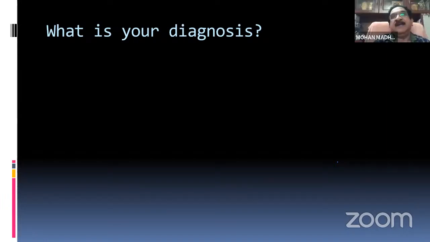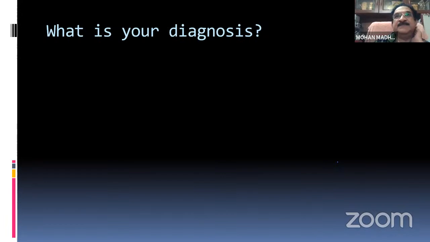No, but he was a proven case of Castleman disease. I previously had one case of a young person who had peripheral neuropathy, papilledema and organomegaly. It was POEMS syndrome. That patient did not have Castleman disease, so Castleman disease can be associated with POEMS syndrome.